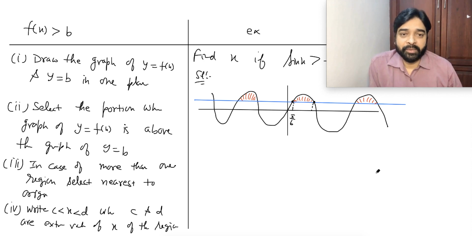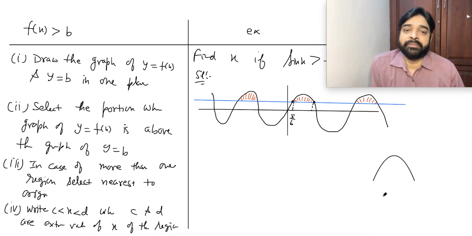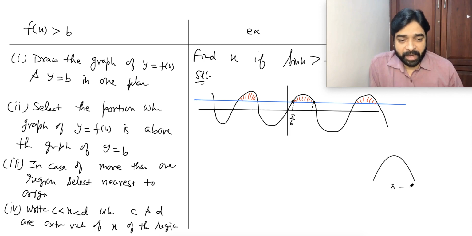One thing I will tell you, listen. Sin x or cos x is always formed by this shape, and this length is always pi. And it's a symmetric graph. Meaning, if you draw a line, suppose somebody says this length is a, then this length will also be a.